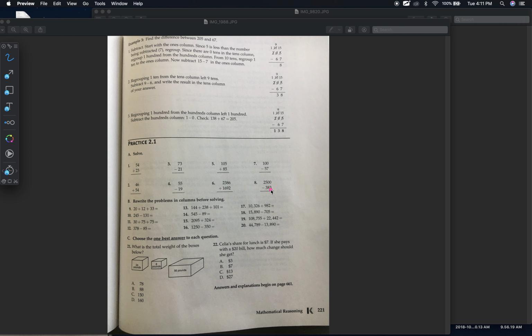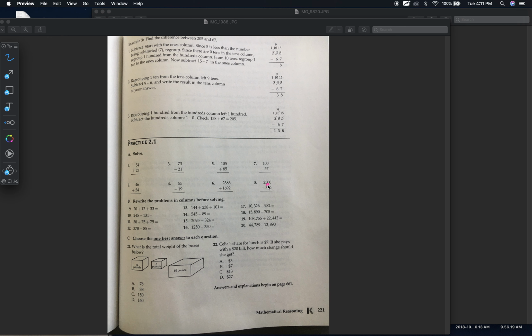But for example, 2500 minus 383, you can't take 3 away from 0, and you can't take 8 away from 0. So you would basically borrow from the 5 for these two numbers. So you would cross that out, make it a 4, and the 0 here would become 10, okay?